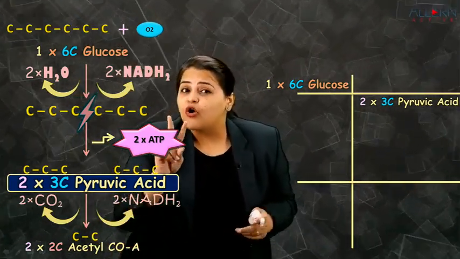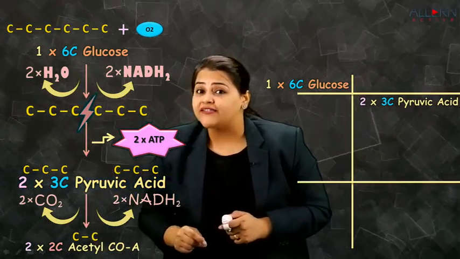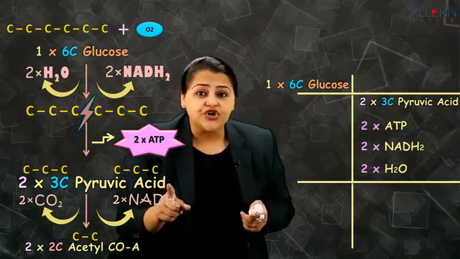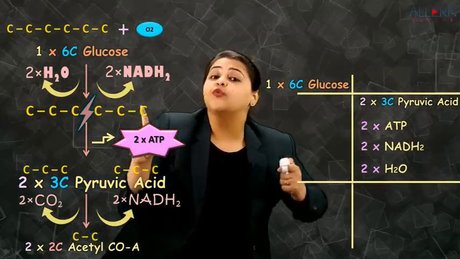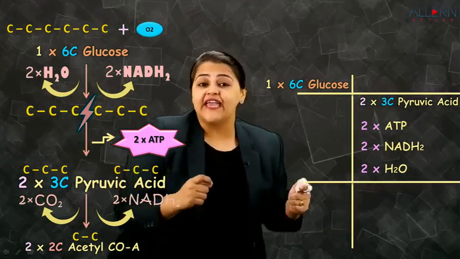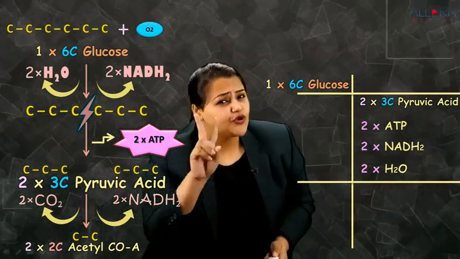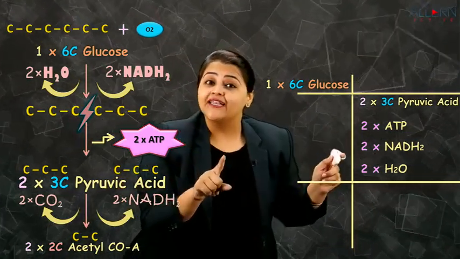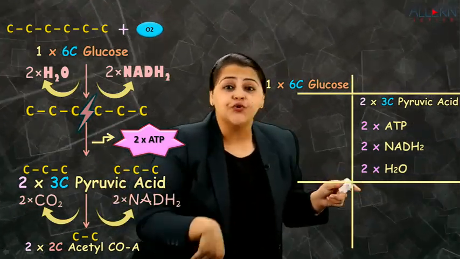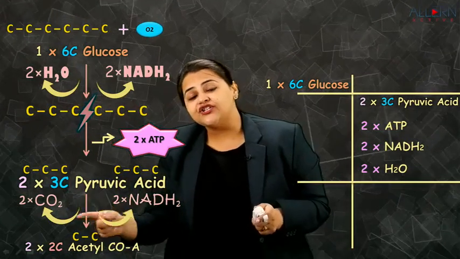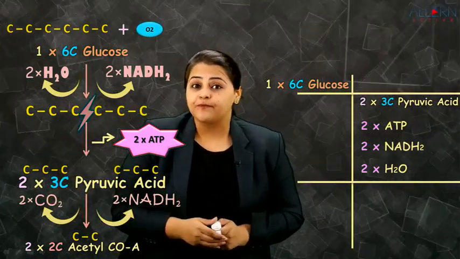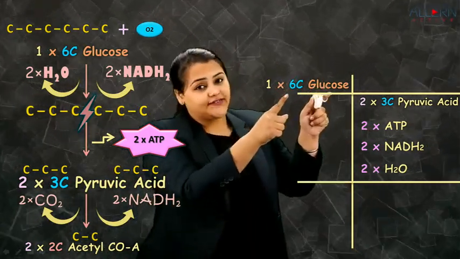So we have 2 molecules of 3-carbon pyruvic acid. We have 2 molecules of ATP now being produced, 2 molecules of NADH2, which is an indirect form of energy, and 1 byproduct, that's H2O. So we have 2 molecules of ATP, that is direct energy, 2 molecules of NADH2, a form of indirect energy, and 2 molecules of byproduct, that's water. This was glycolysis.